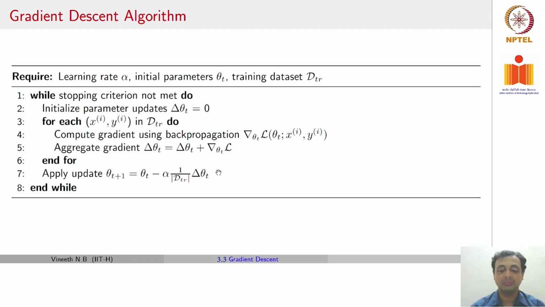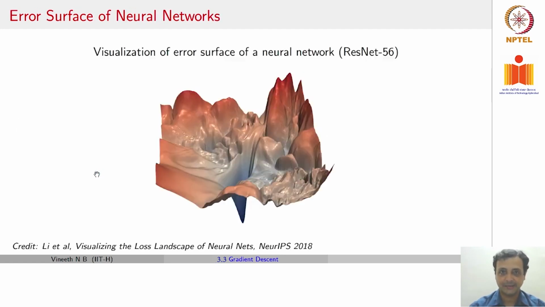Until your gradient becomes 0. Each of these for loops here is typically called one epoch. One epoch corresponds to one full iteration over your training data set. So we compute the gradients across an epoch, average all your gradients, and then update your parameters. That's the simple summary of gradient descent.